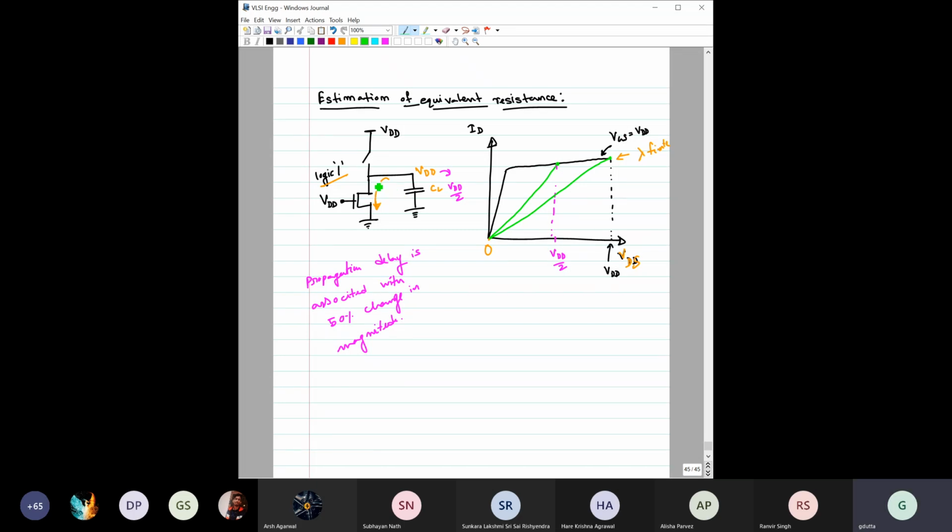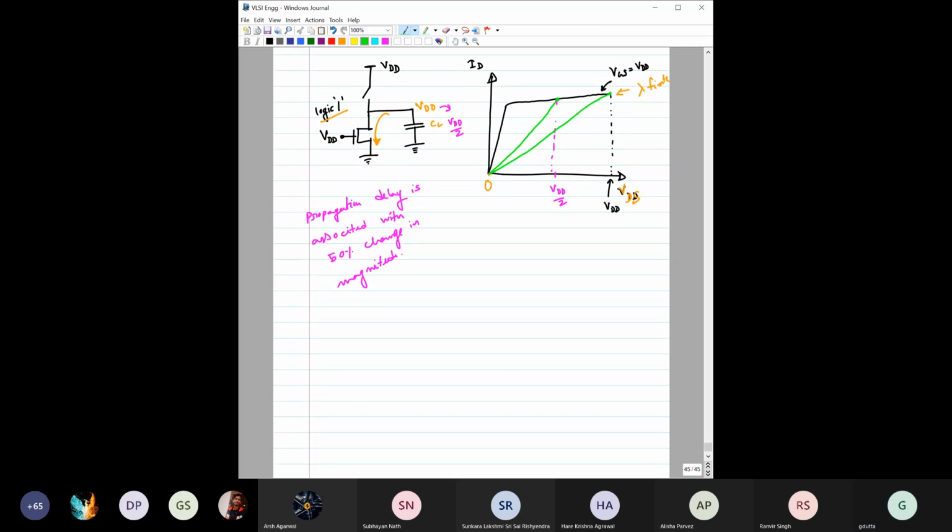Fine, I hope this part is clear to you. You can see that this VDSAT, whether it is a short channel or long channel MOSFET, compared to VDD this region would be pretty small.